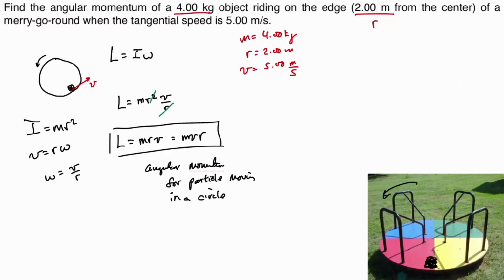Here's my point P. Here is my little object. Let's say it's moving, I don't know, that way. Does this object have angular momentum with respect to point P?